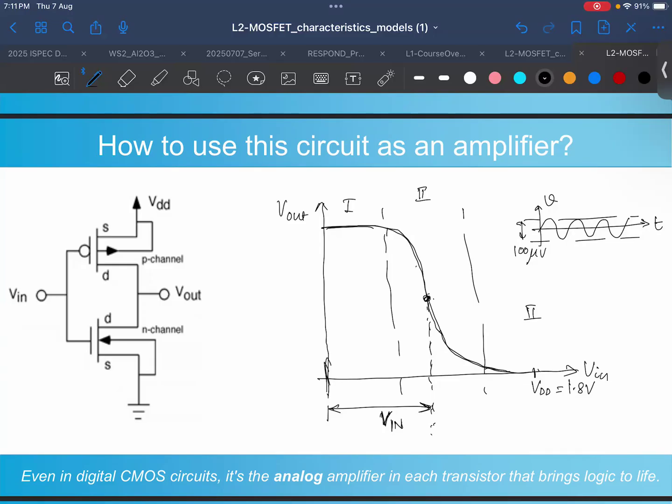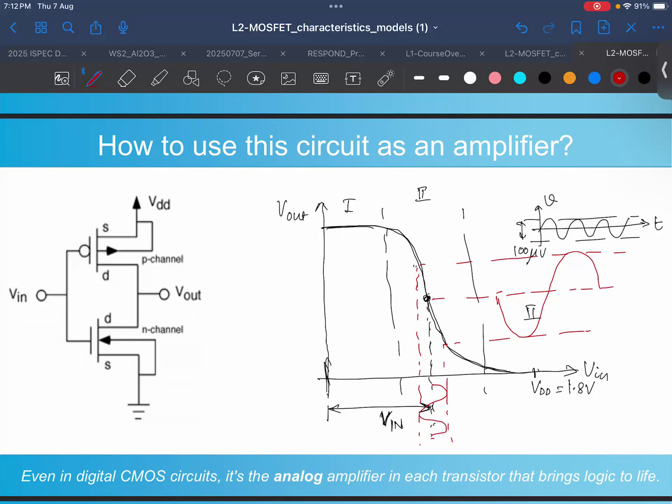then what I could do is overlap what I'm getting from the microphone. So like this. Let's say this is what I'm getting from the microphone. And when I overlap this, because of this large gain in this region, my signal becomes amplified as a result of this large slope which is happening here, right?